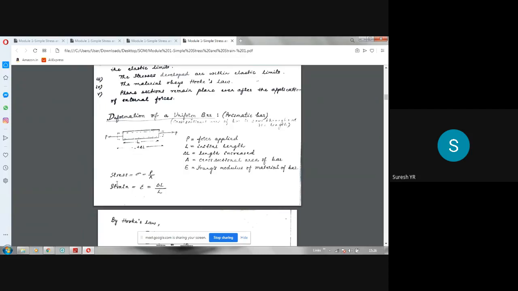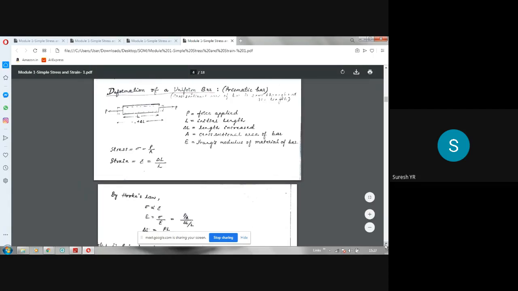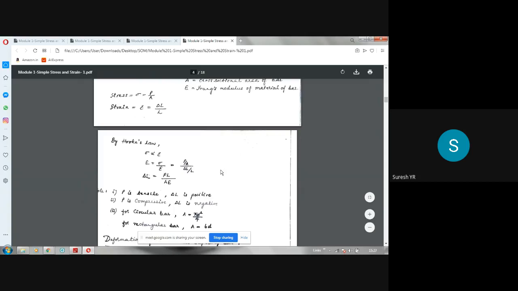According to the definition, stress is internal resistance divided by area. When the force is P, the resistance will also be P. So stress is P by A, where A is the cross-sectional area of the bar. Strain is delta L by L according to definition. Now according to Hooke's law, sigma is equal to E into epsilon, or E is equal to sigma divided by epsilon.